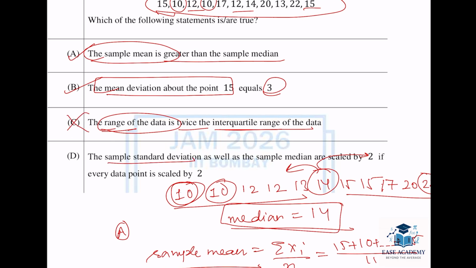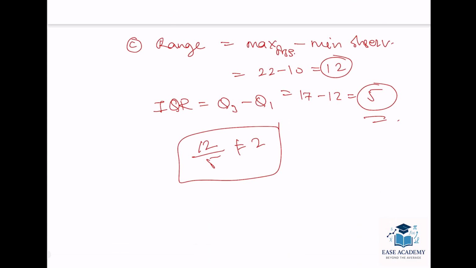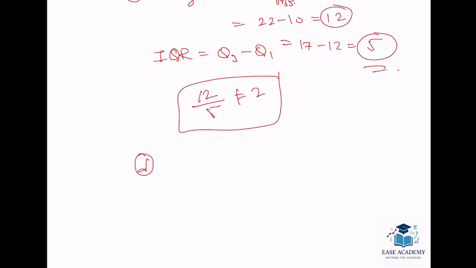Now, sample standard deviation as well as sample median are scaled by 2 if every data point is scaled by 2. So let's suppose you have every observation denoted as xi, and you scale it by 2. You get yi.